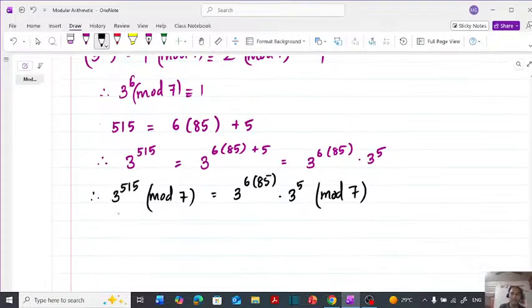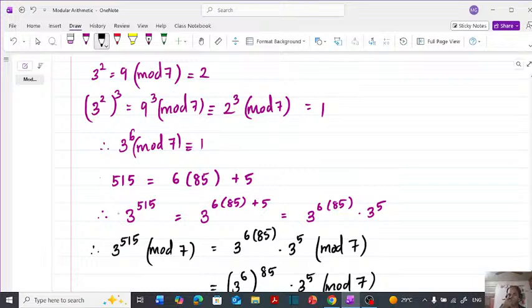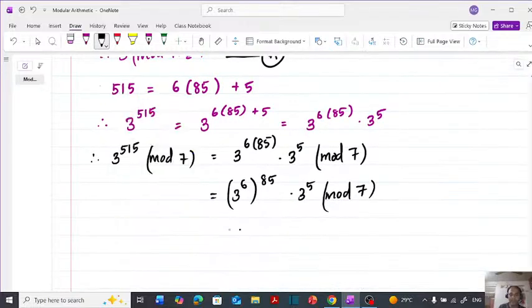Now we already know that 3 raised to 6 raised to 85 under mod 7 behaves like 1, right? We have deciphered 3 raised to 6 is behaving like 1 over here. So this is going to be 1 raised to 85. And now 3 raised to 5, let us see how does it behave.